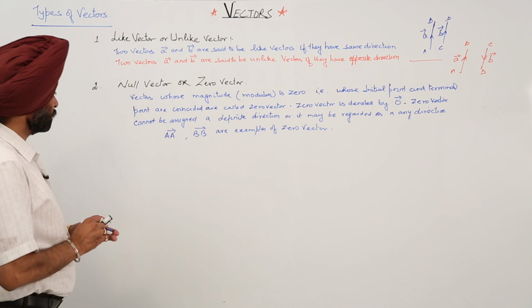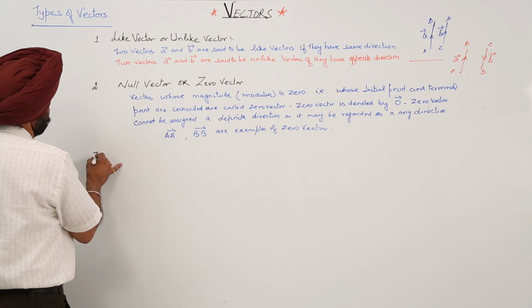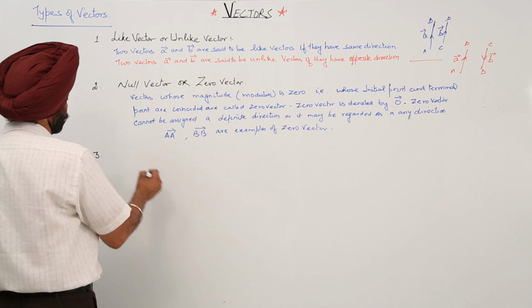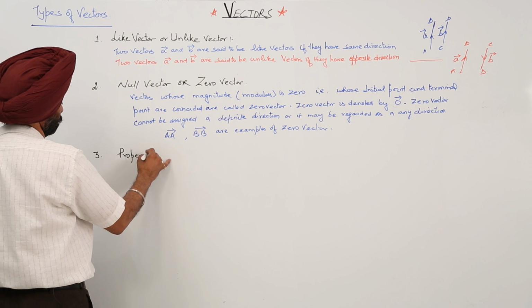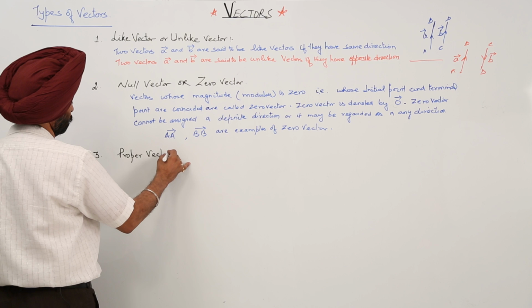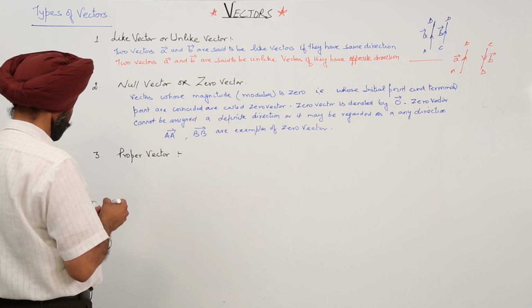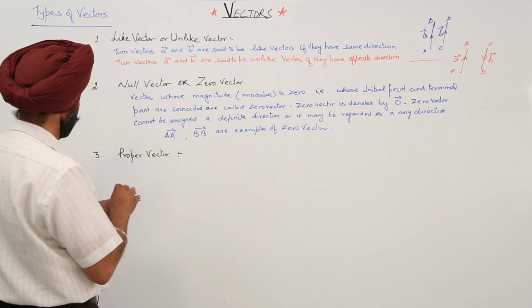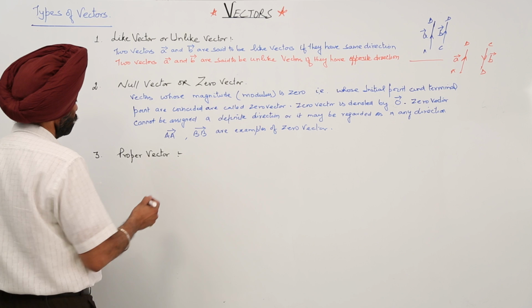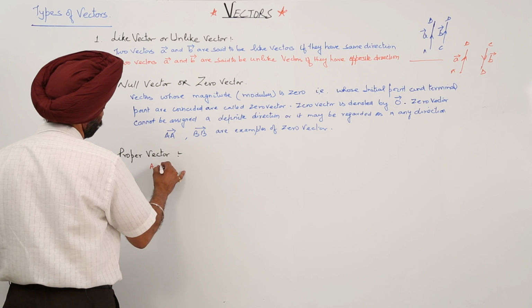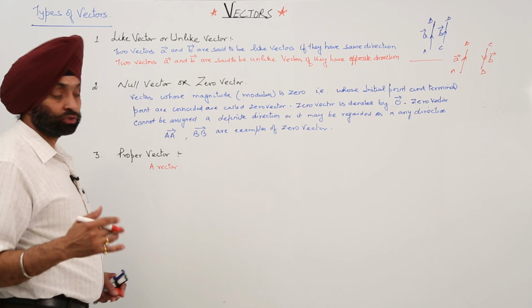Then we are having number 3, proper vector. Now in a proper vector, what is a vector just opposite for a zero vector.